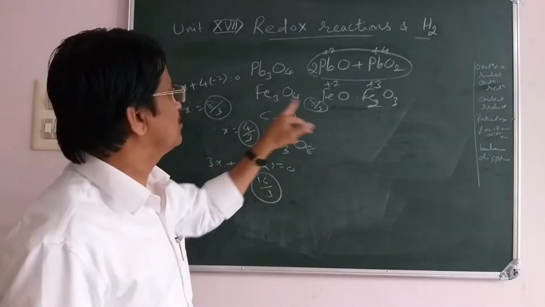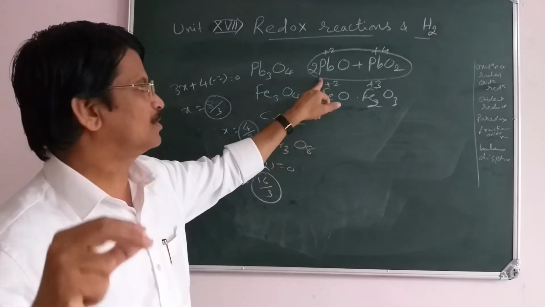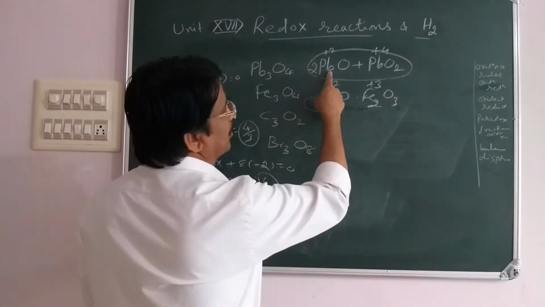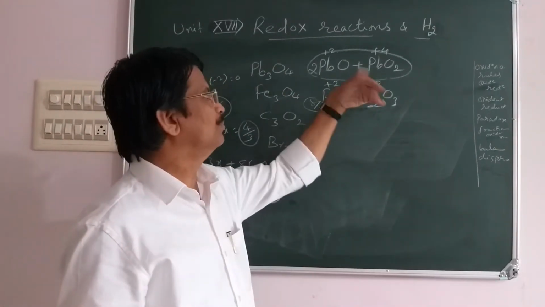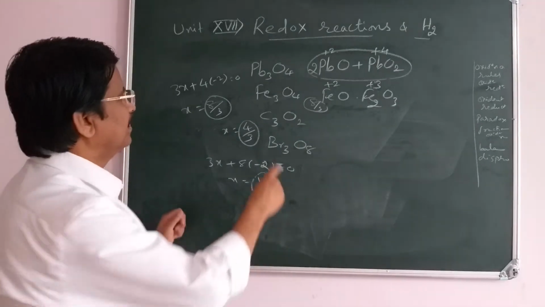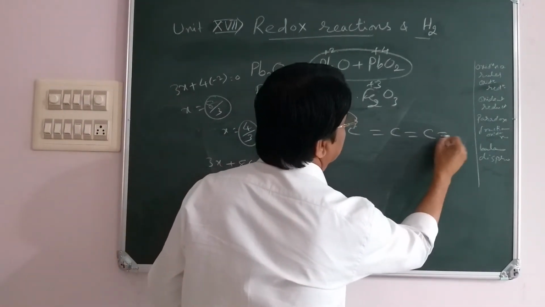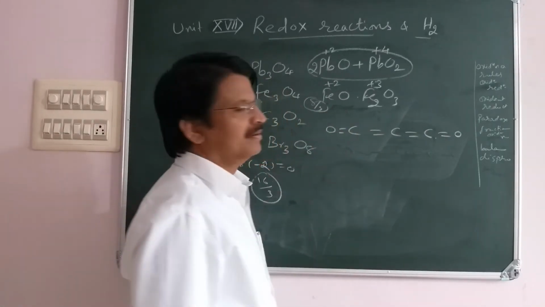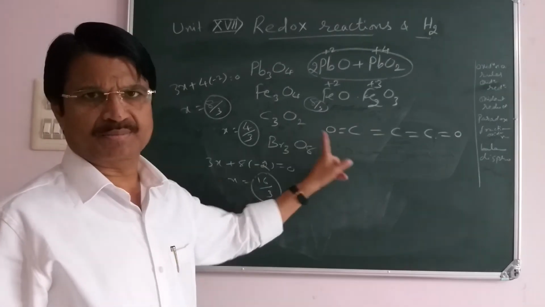For individual Fe, in FeO it is plus 2, and the second one plus 3. Similarly, PbO, plumbous oxide or plumbic oxide: plumbous plus 2, plumbic plus 4. And in the case of C3O2, carbon suboxide.